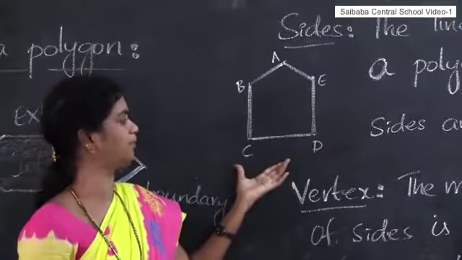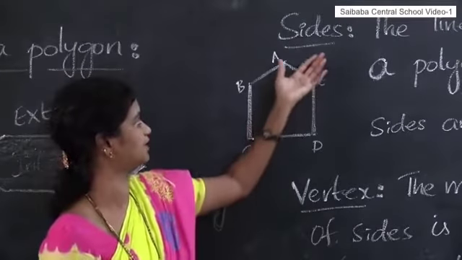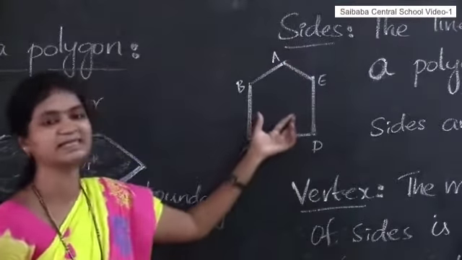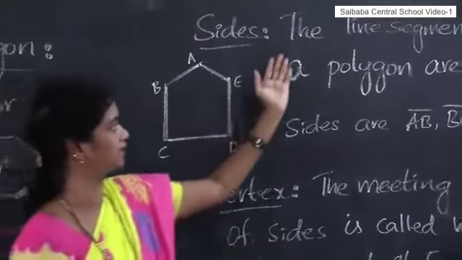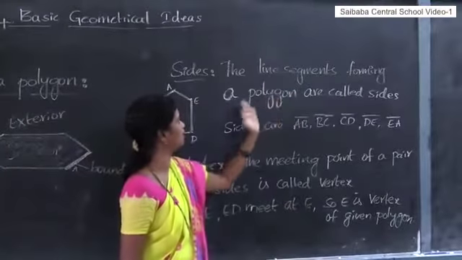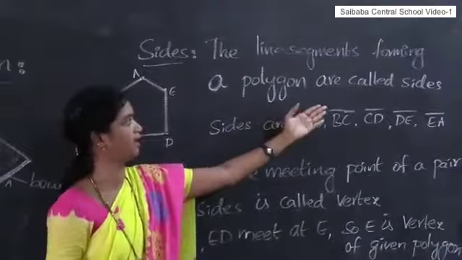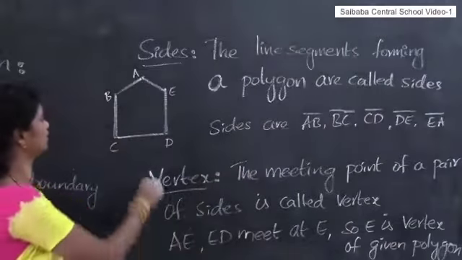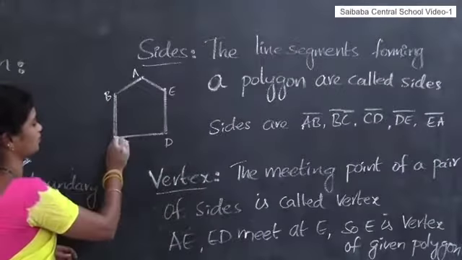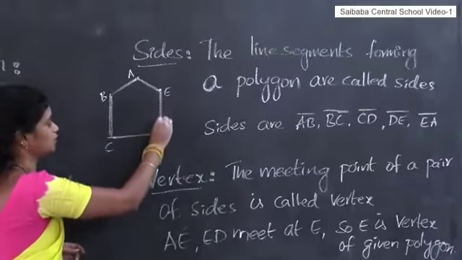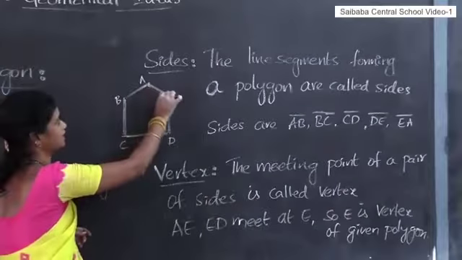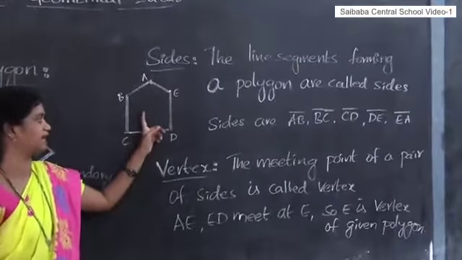The parts of the polygon are, first one, sides. What are the sides of the polygon? The line segments forming a polygon are called sides. Whatever line segments we used to form this figure are called the sides.